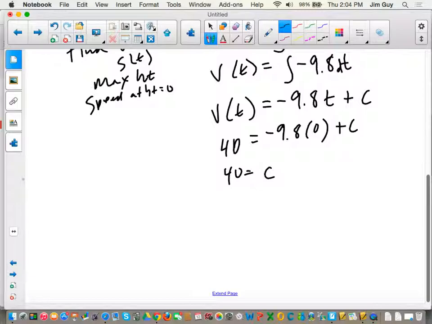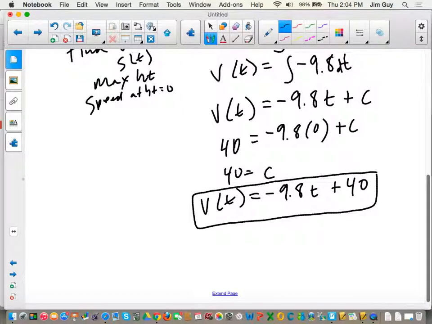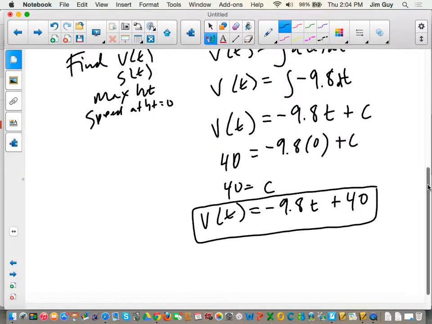The thing about this problem is you look at it and think, I could have done this in my head because I memorized this formula. Yeah, it's kind of cool to see how it works out, but trust me, there is a whole variety of equations, so you're going to have to go through this process. You won't be able to just do it in your head, okay? So we get that v of t equals negative 9.8 t plus 40. There's my velocity equation. All right, we accomplished our first task.